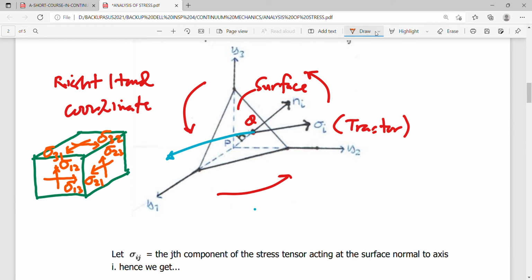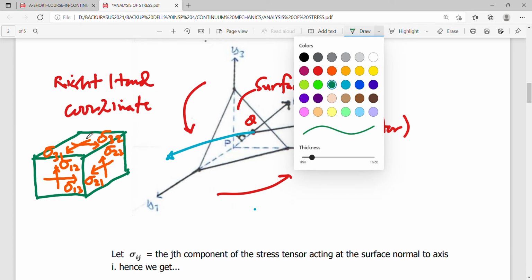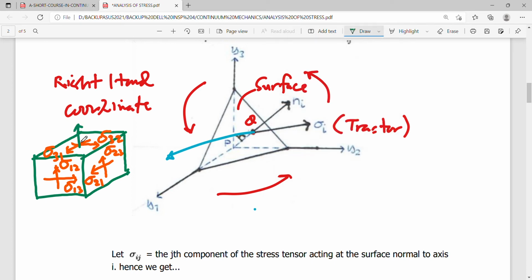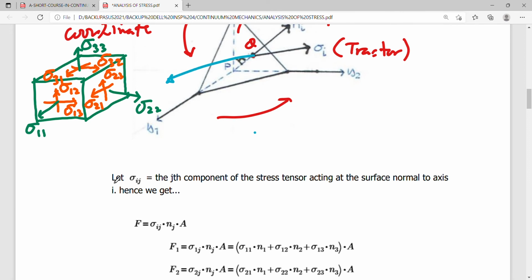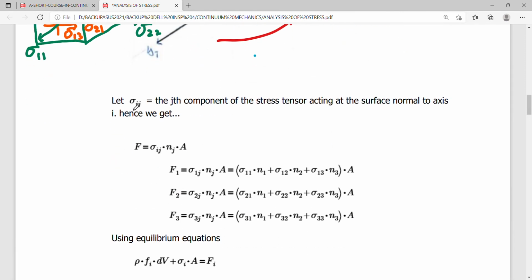So for the normal stresses, we therefore make use of the perpendicular directions. So this is now a sigma 2 directed on 2. This is a sigma 1 directed on 1, and this is a sigma 3 directed on 3. So all in all, we have 3 normal forces and 6 shear stresses defined in terms of your sigma ij's here. Okay, so this is now your sigma ij.